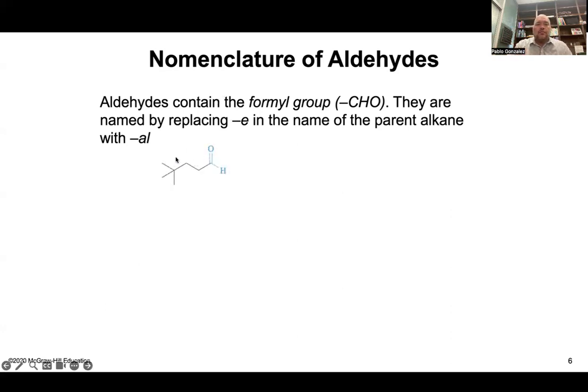Here we have one structure. As we have learned before, we need to look for the longest chain that contains the functional group. The functional group in this case is this carbon. Remember, guys, this is a carbon double bond oxygen, so this carbon is part of the main chain. We're going to count 1, 2, 3, 4, 5 carbons.